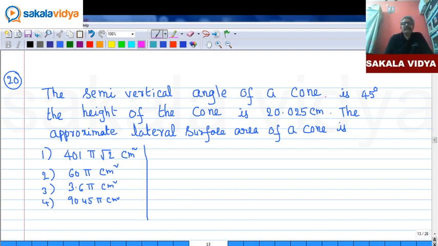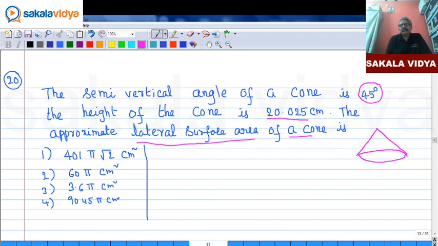The semi-vertical angle of a cone is 45 degrees. Height of the cone is 20.025 centimeters. Then we need to find the approximate lateral surface area of the cone. So, this problem is related to the cone.